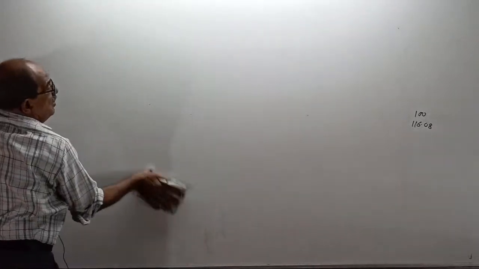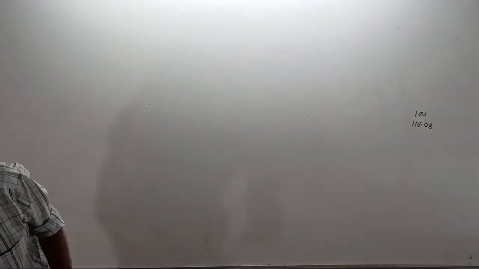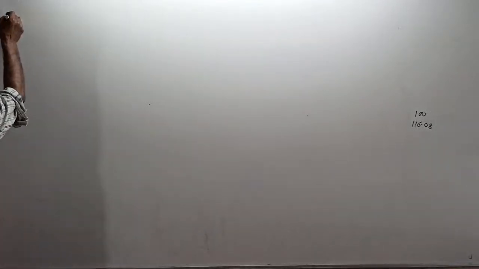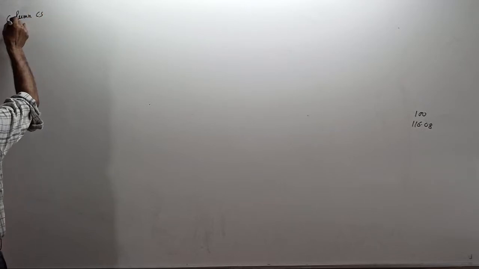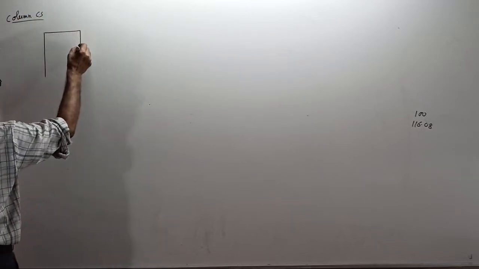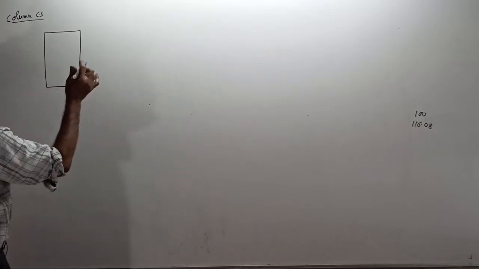Okay, see now the final design, the last ultimate part, our column cross section. I will write it; you can write whichever way you want, either like this or like this. No problem.